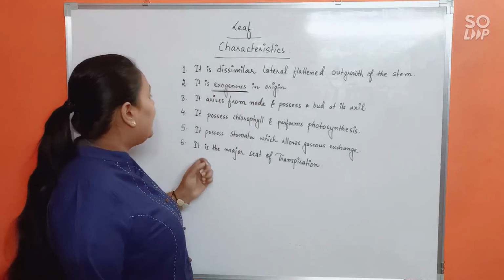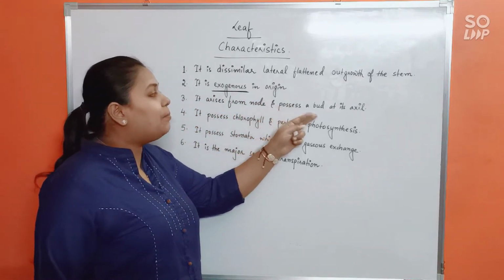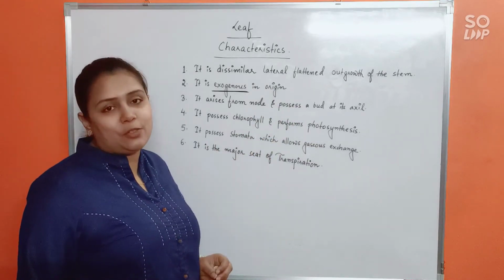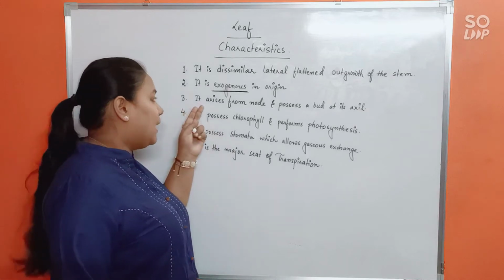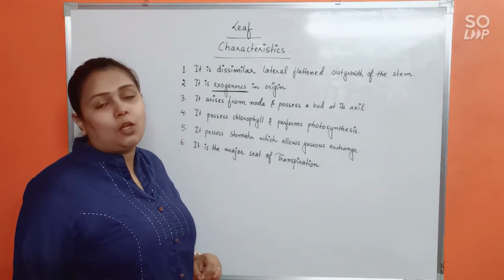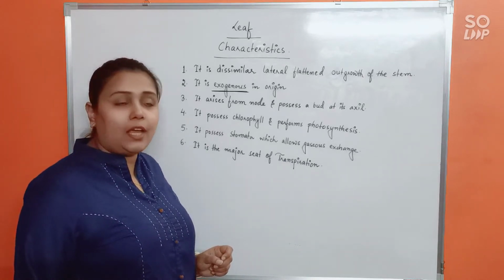Next, it arises from the node and possesses a bud at its axil. This has been told to you many times: leaves arise from the node and possess a bud called the axillary bud, which arises from the axil of the leaf, right?